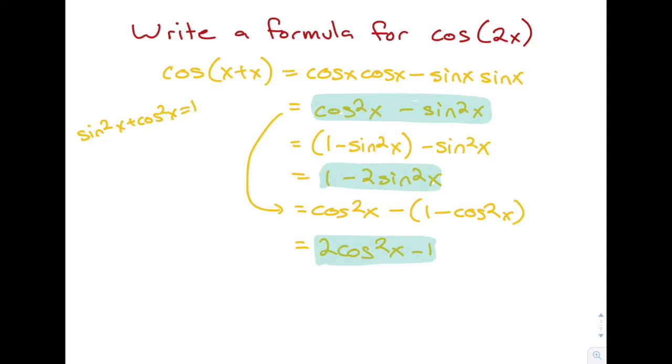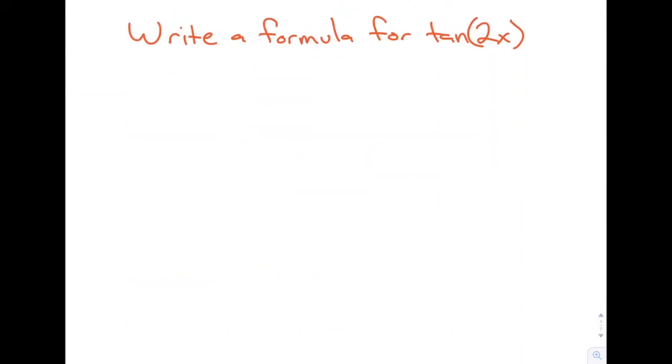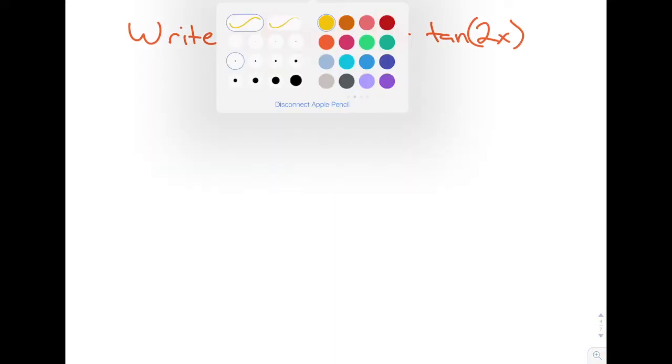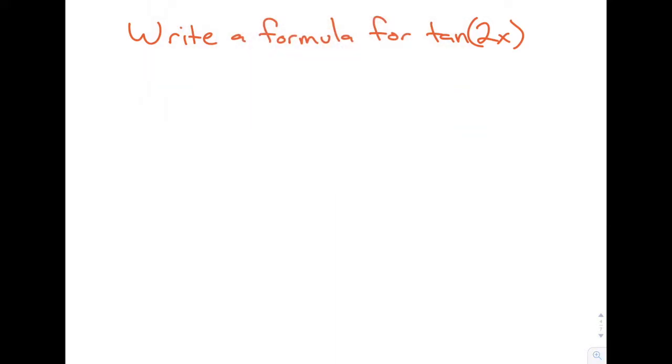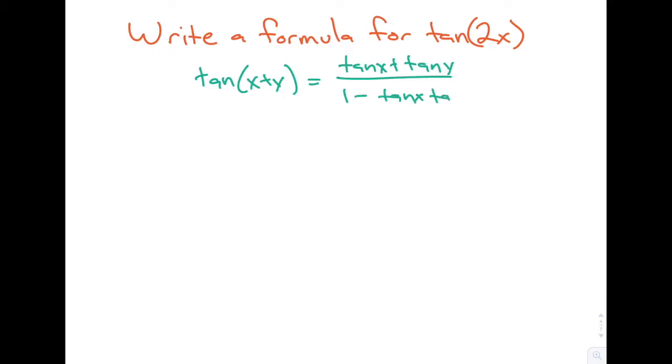And then last but certainly not least, write a formula for tangent 2x. First remember that tangent of x plus y equals what? That's tangent x plus tangent y over 1 minus tangent x tangent y.